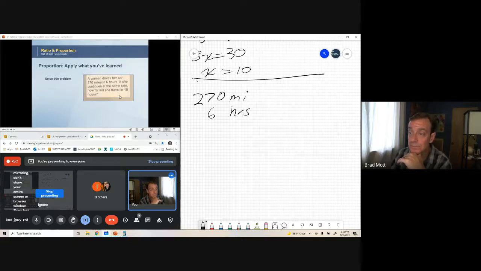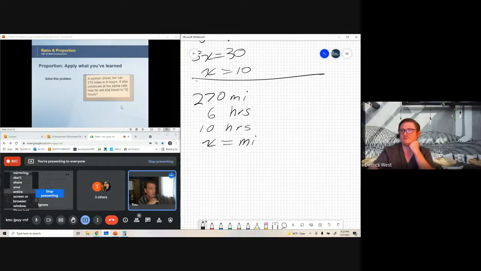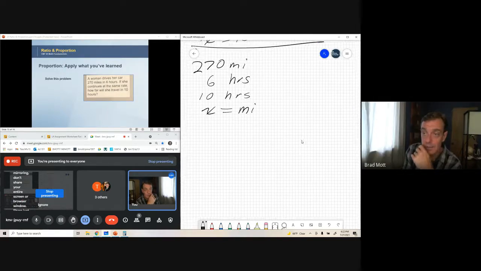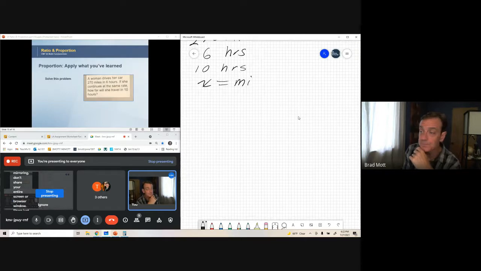So we know that the other known is 10 hours. What we don't know is how many miles that is going to be. So our unknown is x, and we know they're proportional. So let's set up these ratios in a proportion.